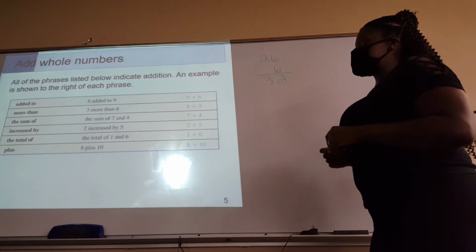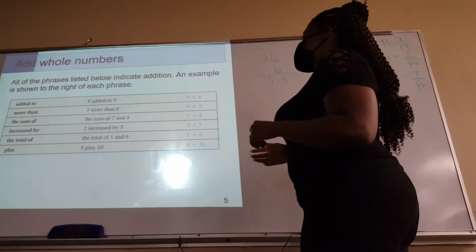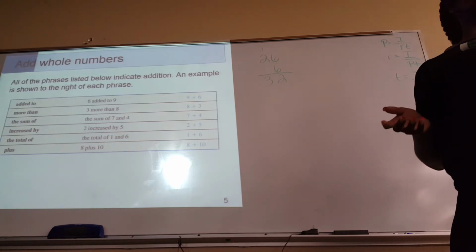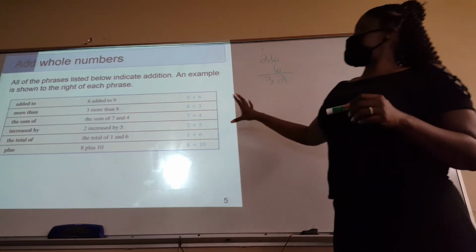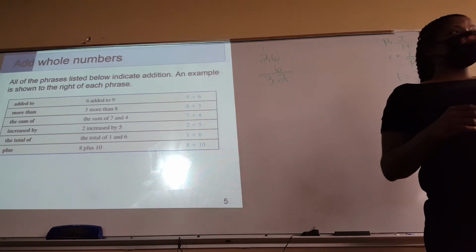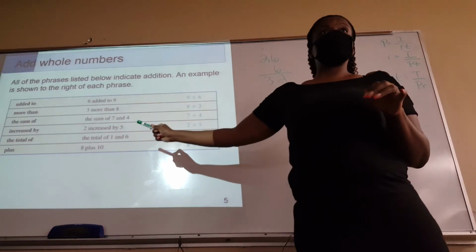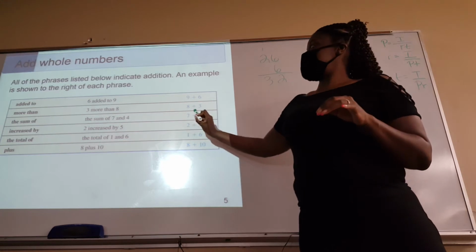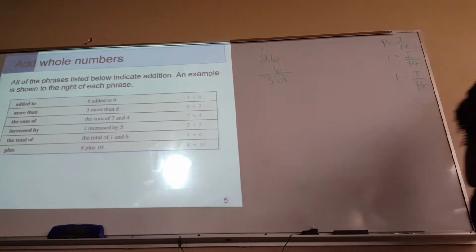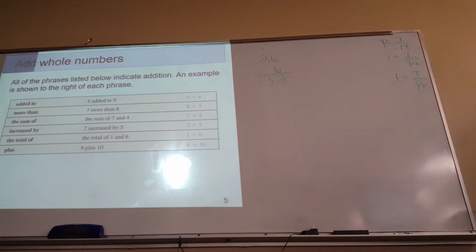The total of 1 and 6 is 1 plus 6. And 8 plus 10 is 8 plus 10. So this is a good chart to help you understand how reading phrases allows you to set them up in the way that you are reading them. Any questions?